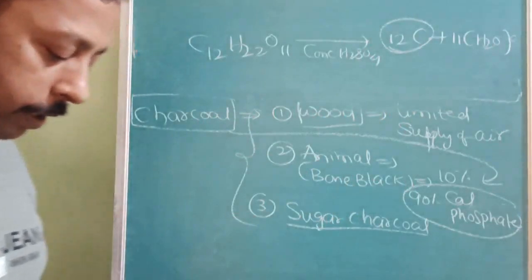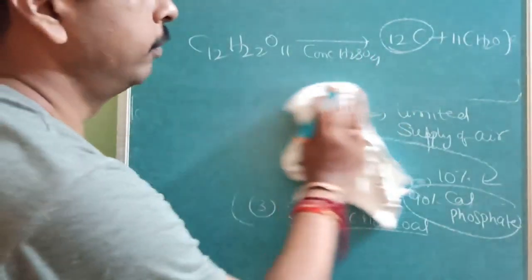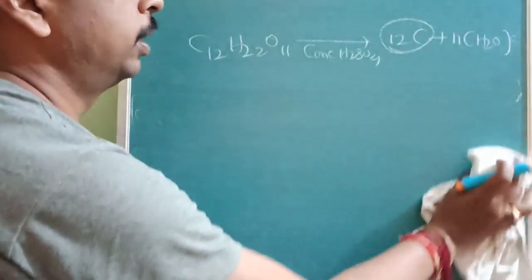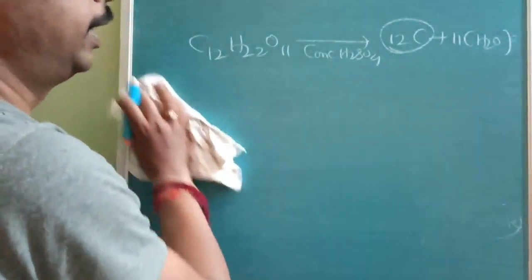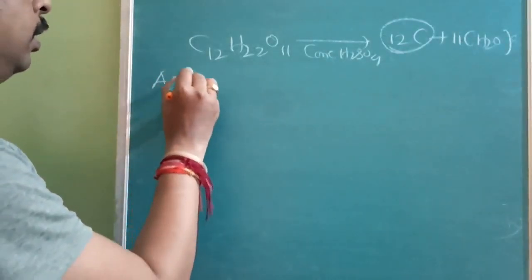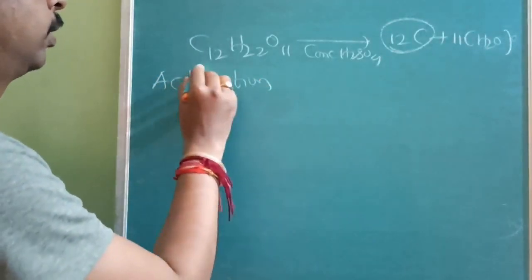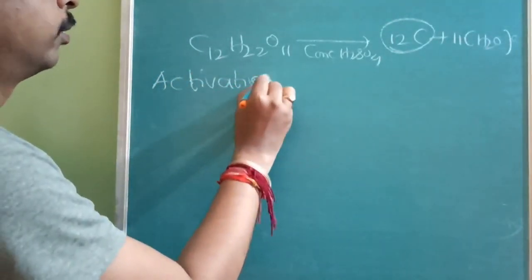Next is activated charcoal. Activated charcoal is not actually a separate form. It is a process of removing impurities and improving the surface area.